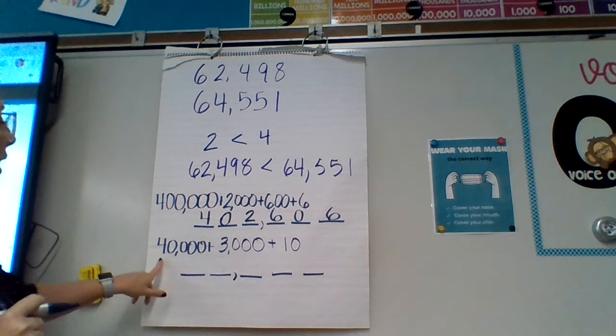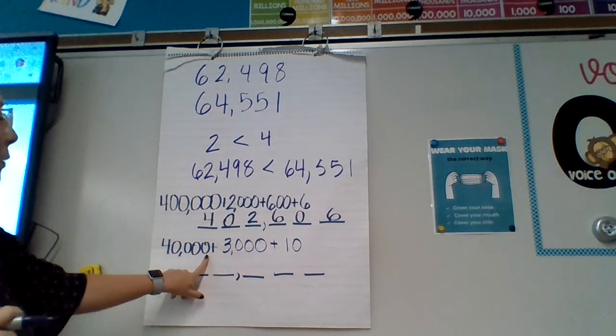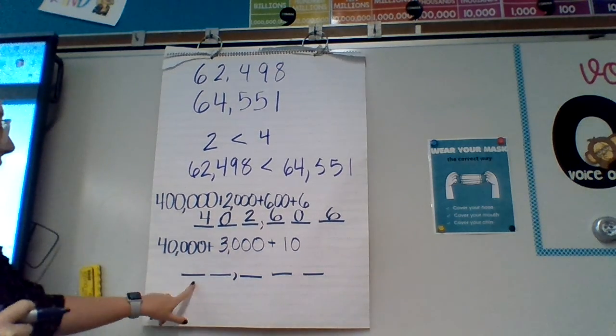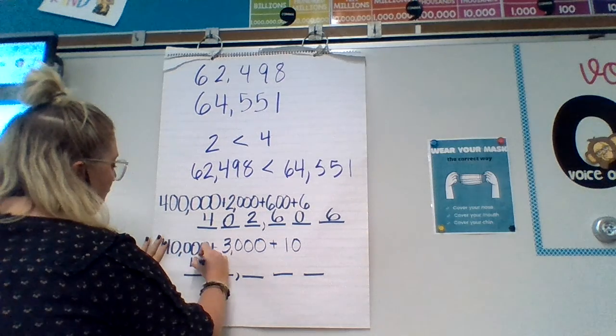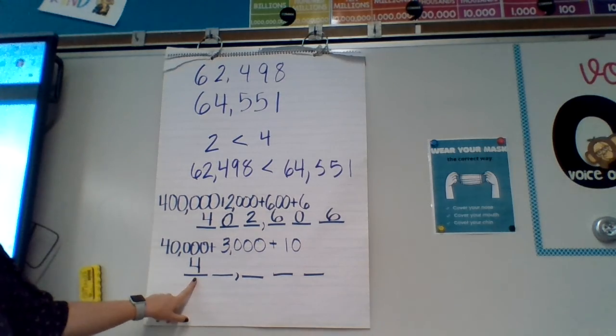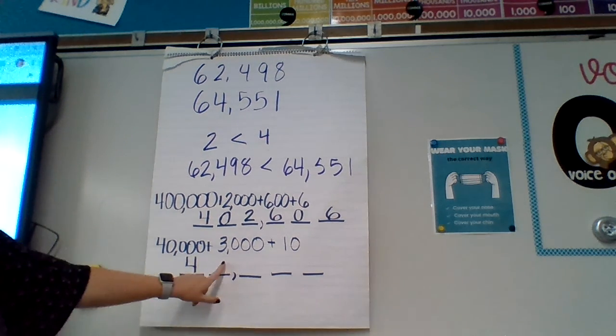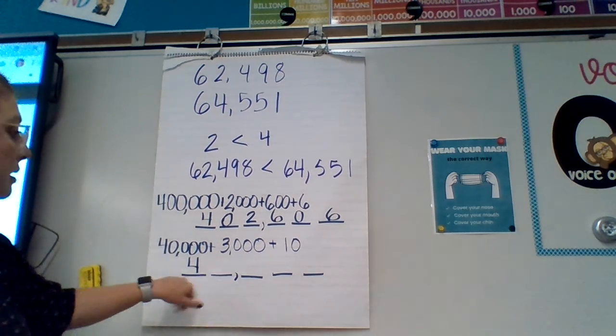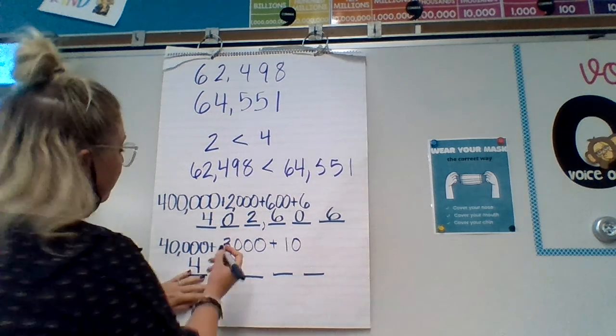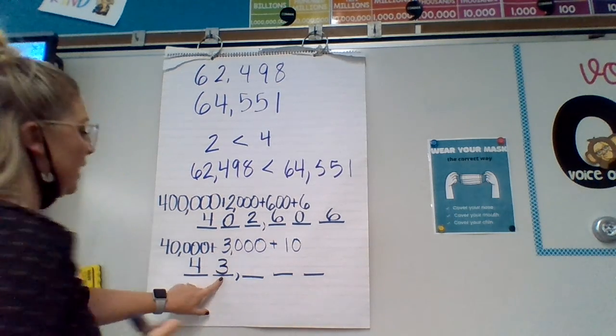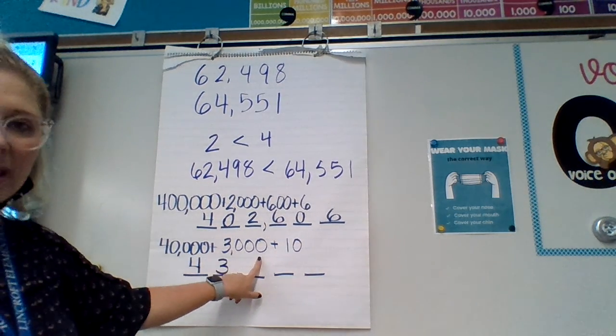Okay. Now we look back. We have 40,000, so that is in my 10,000 spot. I have a 4, worth 40,000. Then I'm going over to my thousands place. I have a 3, and 3 in the thousands place is worth 3,000.